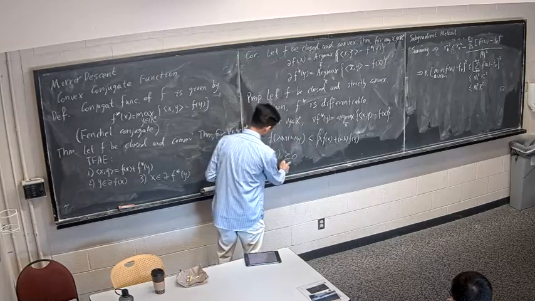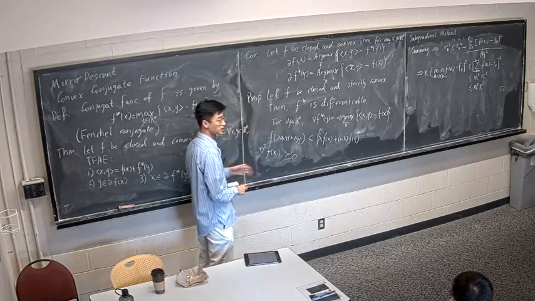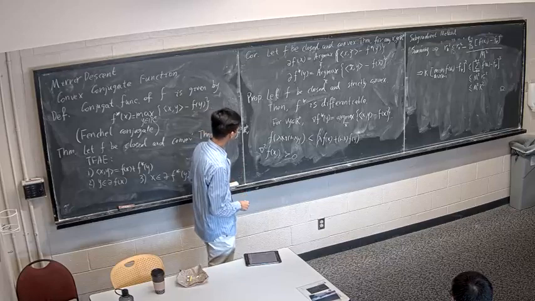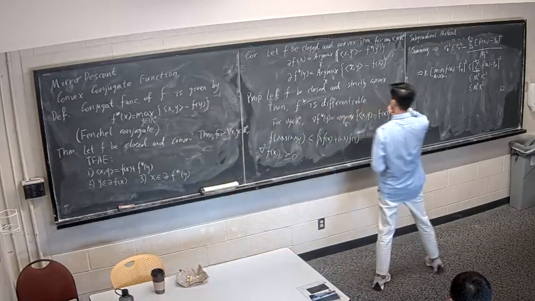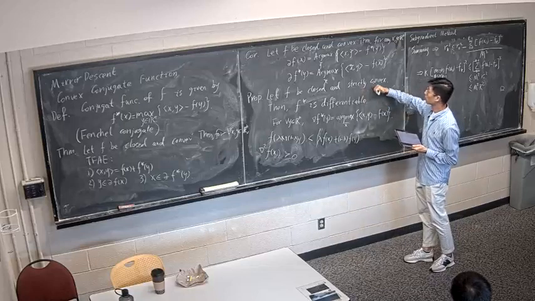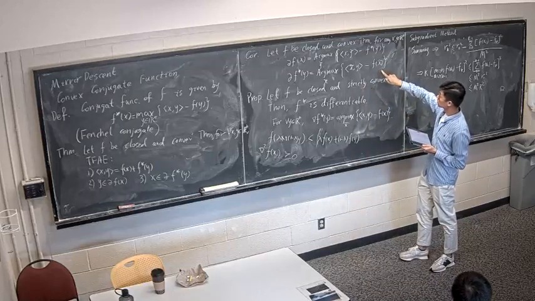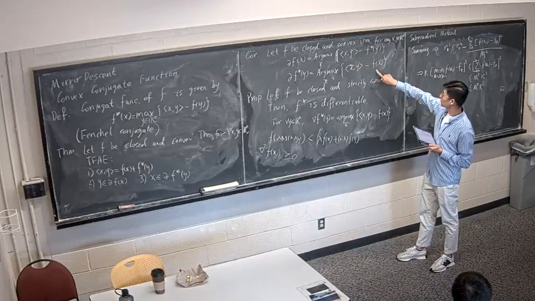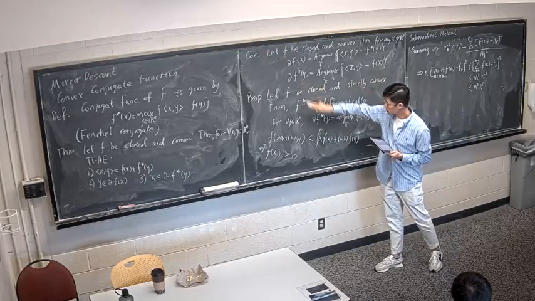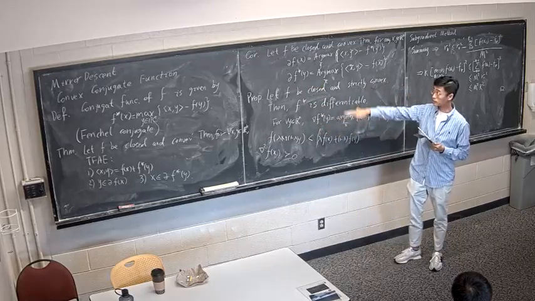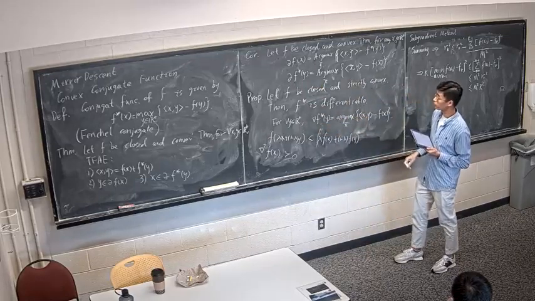Now we just make it positive definite. This is strictly convex. It's because f is strictly convex that this optimization problem has a unique solution, so that this one becomes a gradient instead of a set, the subdifferential.